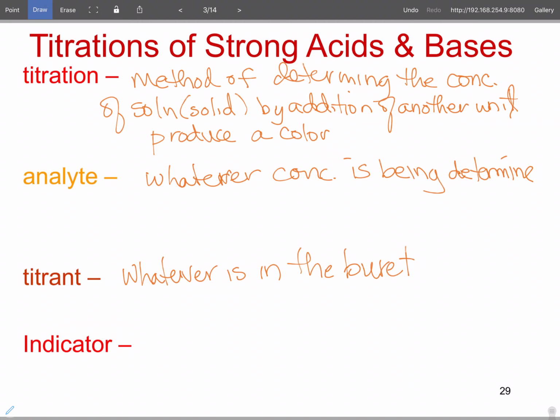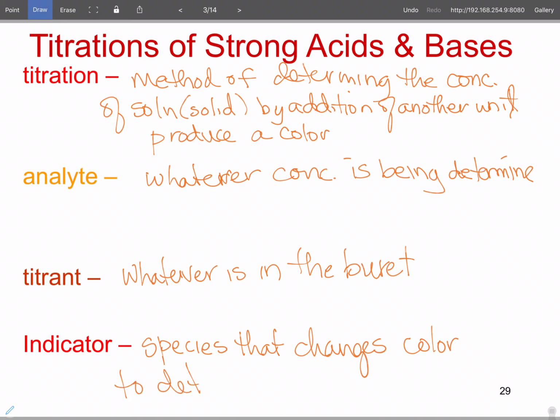And the indicator is the species which changes color at the endpoint, to determine the endpoint. Now, the endpoint is when the reaction has been reached.